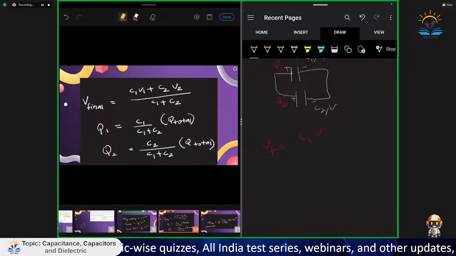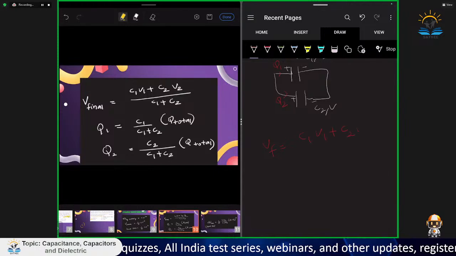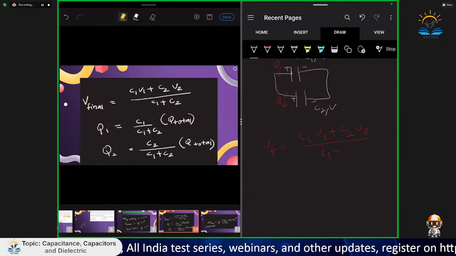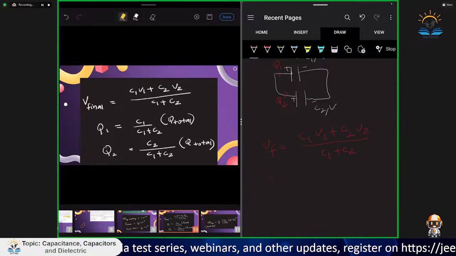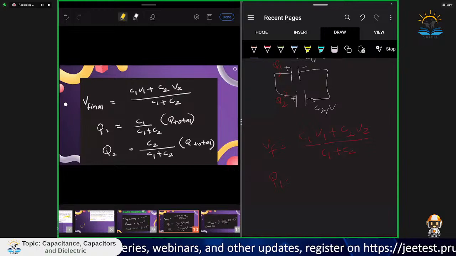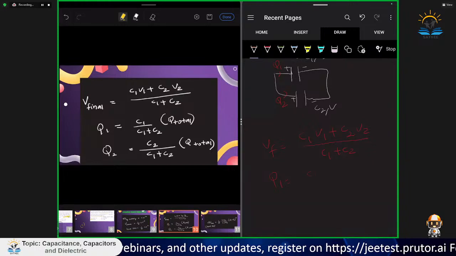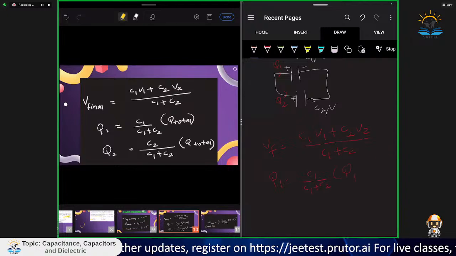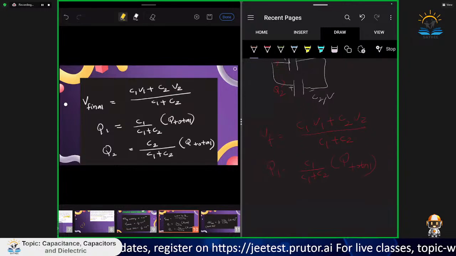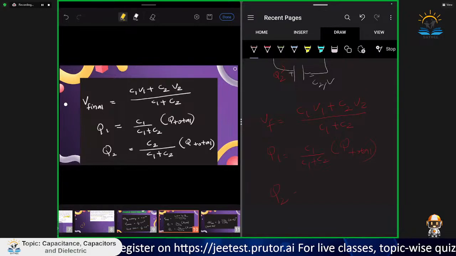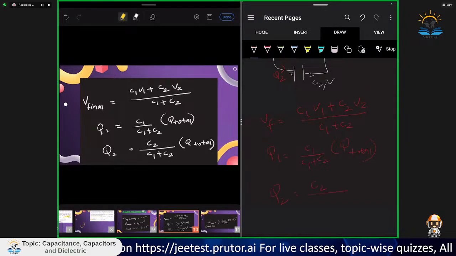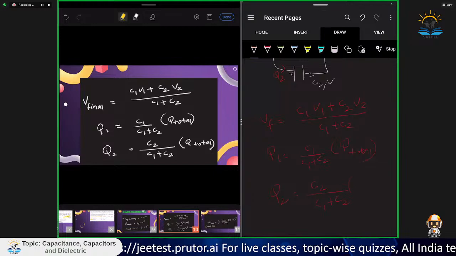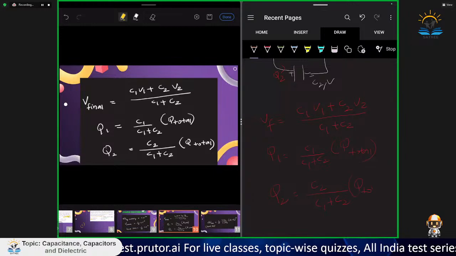V final will be C1 V1 plus C2 V2 upon C1 plus C2. And charge Q1, flowing through capacitor 1, will be C1 upon C1 plus C2 into total charge, and charge through the second capacitor will be C2 divided by C1 plus C2 into Q.